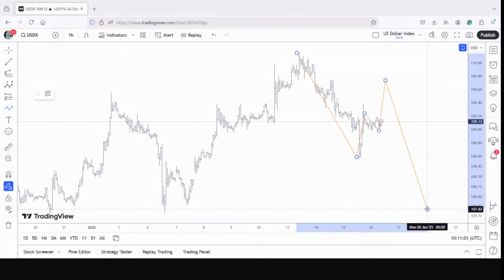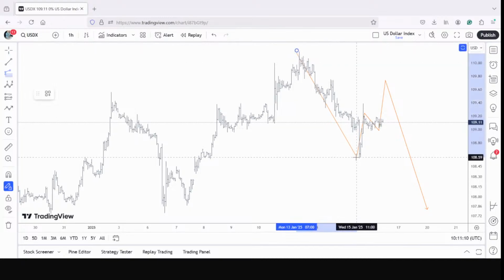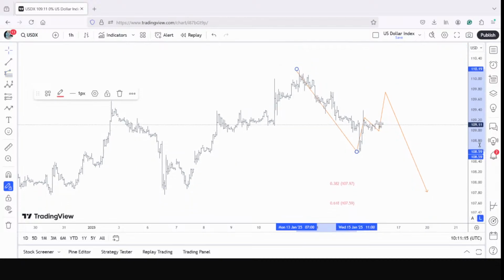So a minimum projection for dollar index is around 107.70, and the Fibonacci ratio ideally should be matching with the wave as well. Let's have a look there.